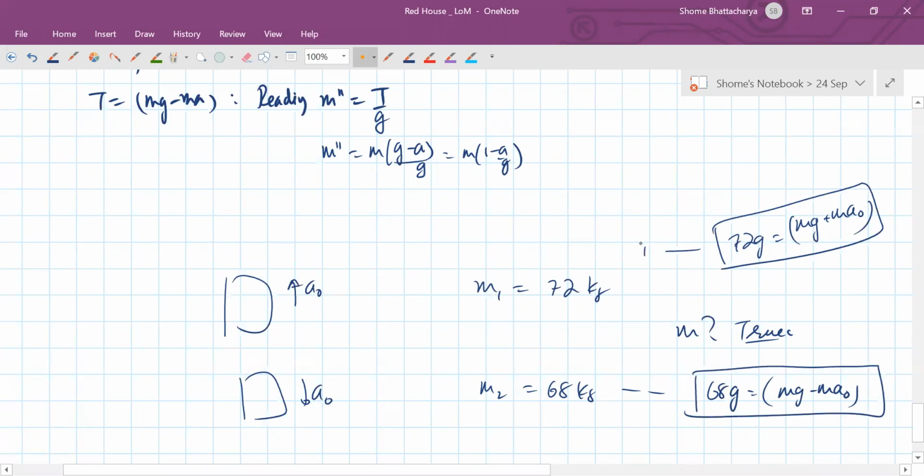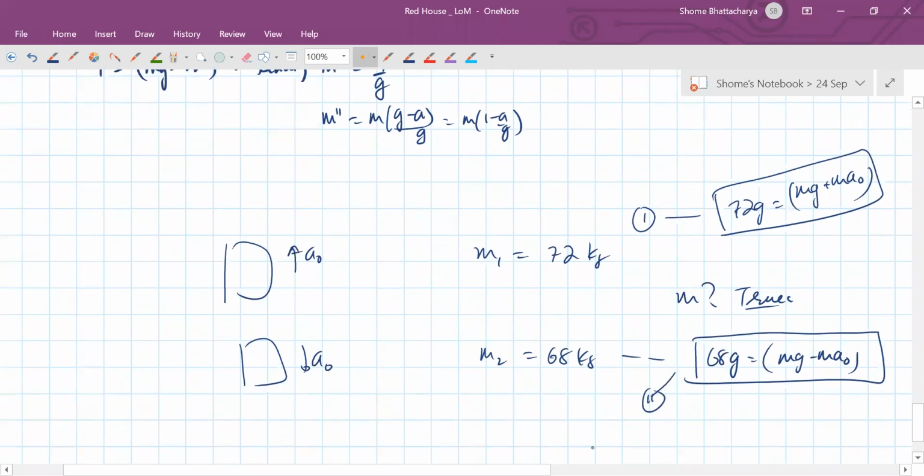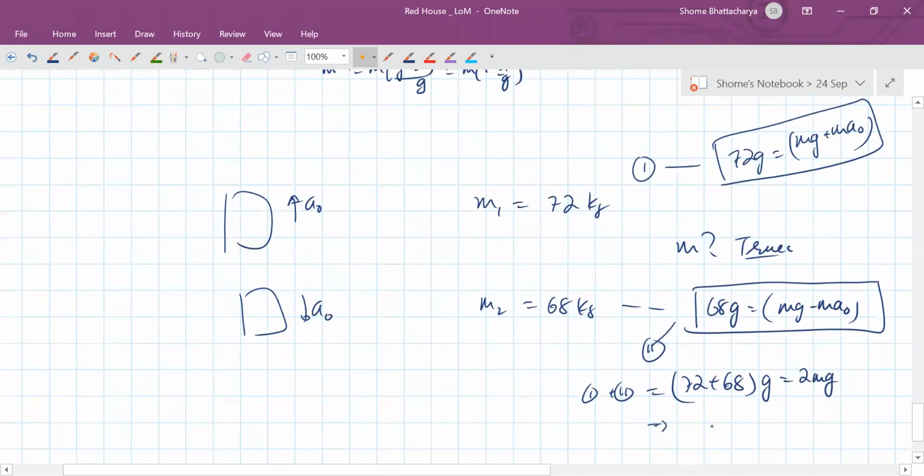If you add equation 1 and equation 2, you see that 72 plus 68, times g, is 2mg. So the true mass comes out to be the average of these two. But it's the average only provided the magnitude of this acceleration is the same as the magnitude of that. If while coming down it's a different acceleration from while going up, then this formula will not work.